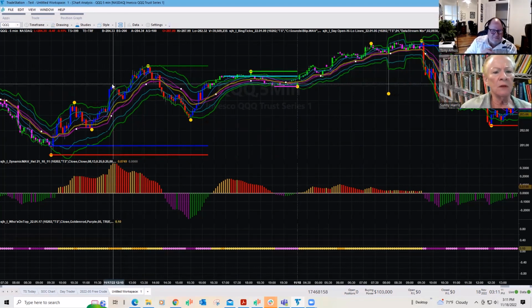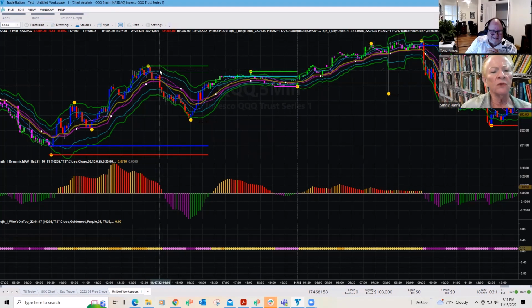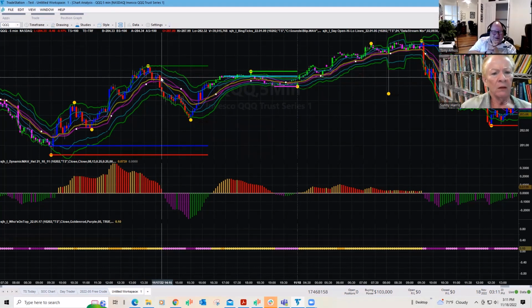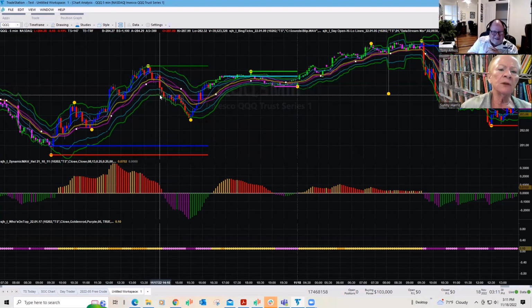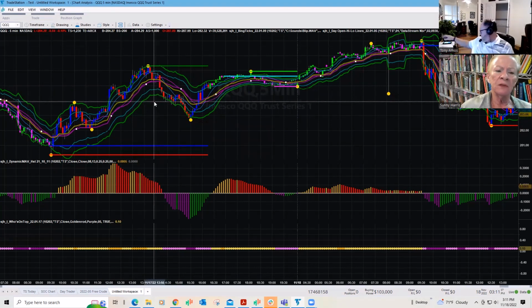I traded it only with the crossovers for the longest time. In fact, I was trading the crossovers of this dynamic moving average when I was rated #1 CTA twice, 2 years in a row. That's all I was doing, trading these crossovers, and I was using 15-minute charts.